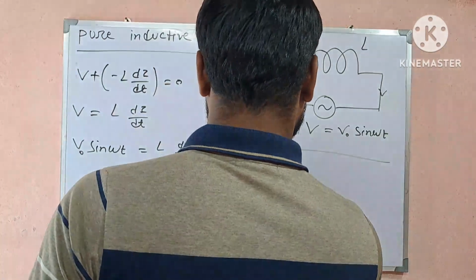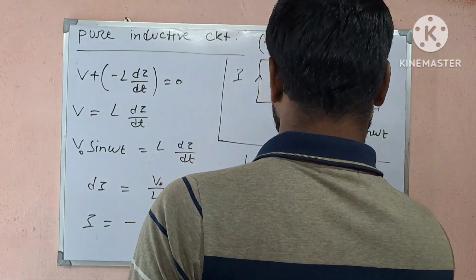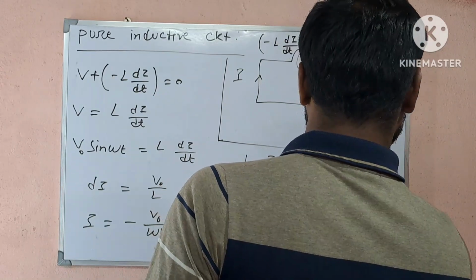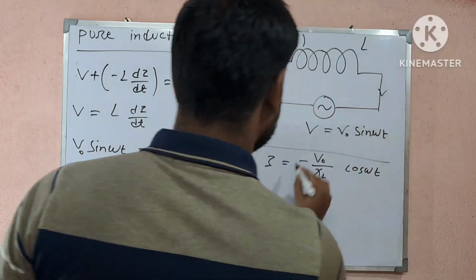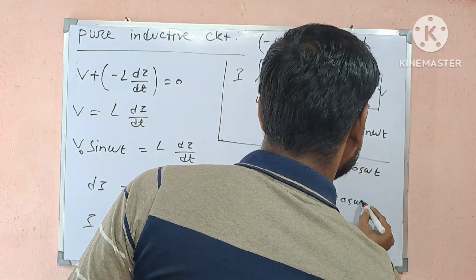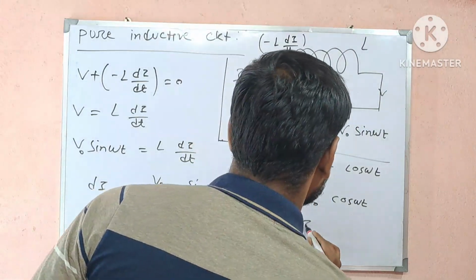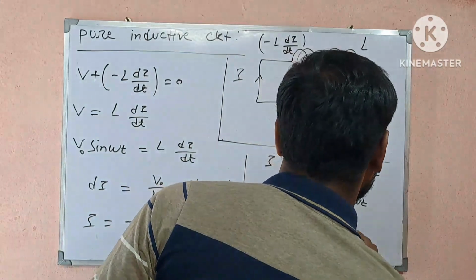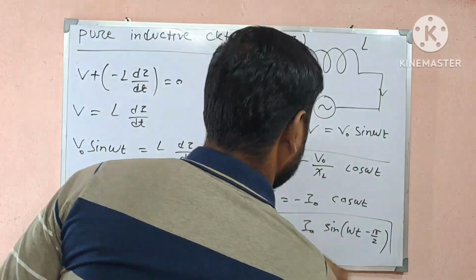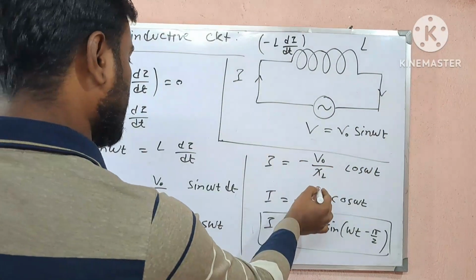So we can write I equal to minus V0 by chi L into cos omega t, which is I equal to minus I naught cos omega t. So we can write I equal to I naught sin(omega t minus pi by 2), where I naught is V0 by chi L.